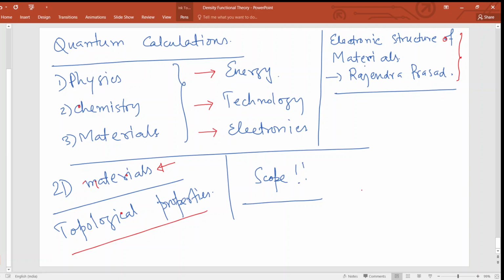So usually the material system which we are mostly talking about in this context is called a topological insulator. I hope you heard this term, right? Have you heard about this term or not? A little bit. Okay, so let's see what an insulator is.